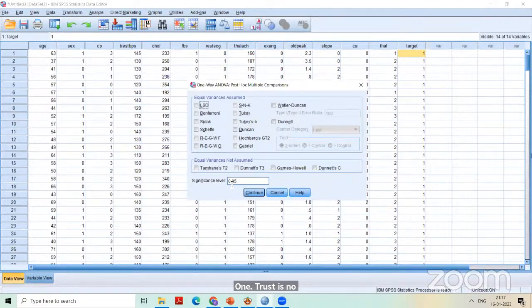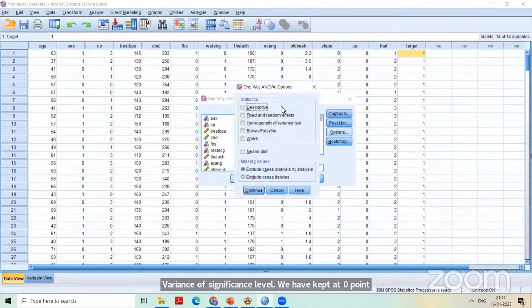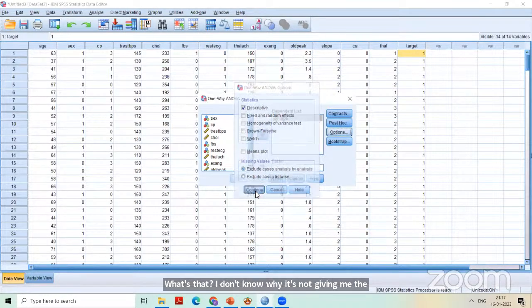The significance level we have kept at 0.05. I don't know why it's not giving me the option today. Statistics, Descriptive. Okay. Continue.